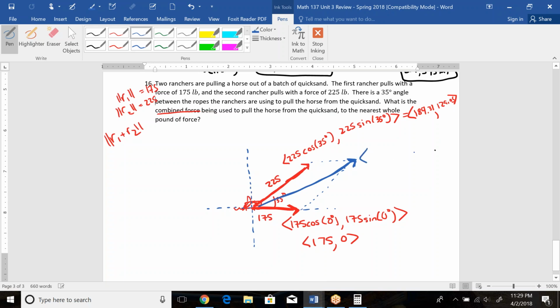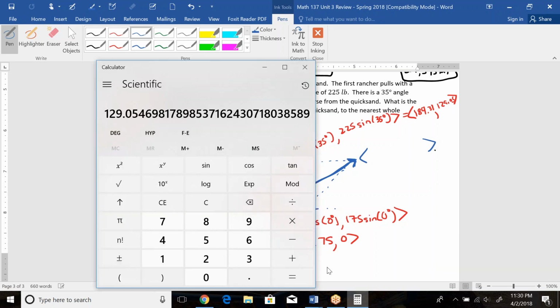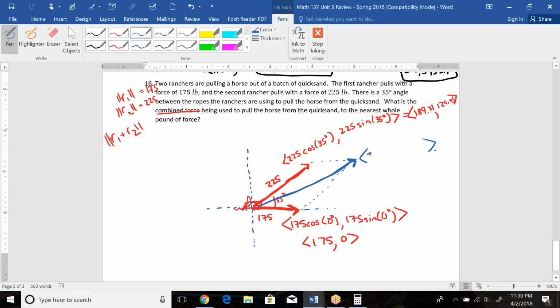So this guy right here is 175 plus 189.31. So 189.31 plus 175, that's 364.31. And then 129.05 plus 0 is just 129.05. Now those are the components of the vector. That's like its x and y.